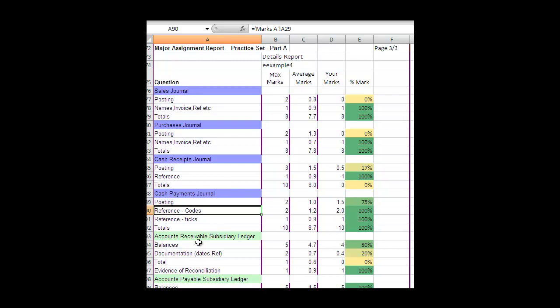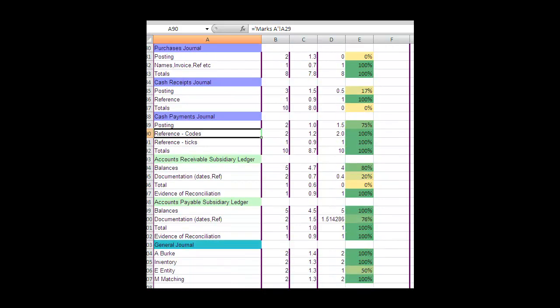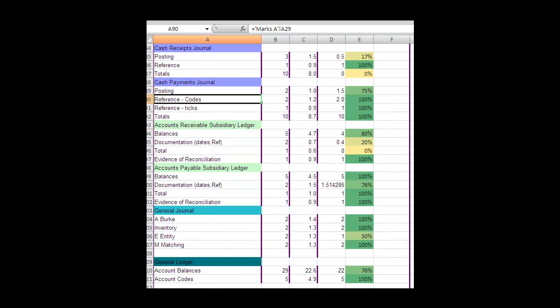As to the subsidiary ledgers, the posting to the subsidiary ledgers being your cash payments subsidiary ledger and cash receipts subsidiary ledger, did you provide any evidence of reconciliation? For evidence of reconciliation, if you had the total from the general ledger and the total from your subsidiary ledgers and the two agreed, that was accepted as evidence.